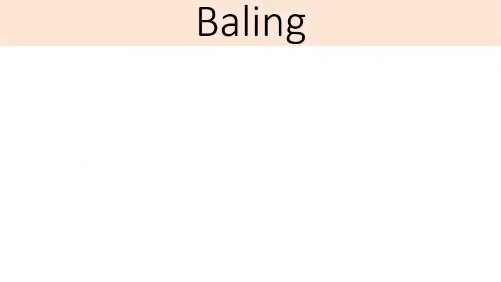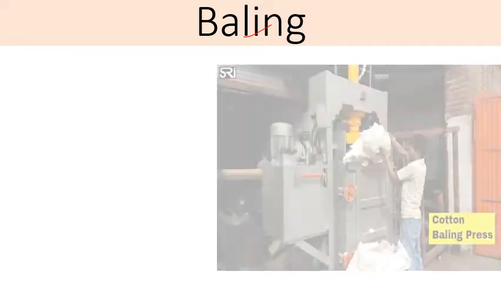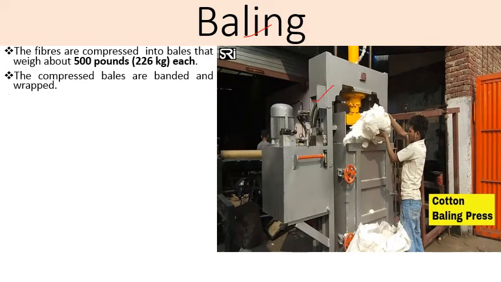The next step in cotton processing is baling. Here the ginned cotton is compressed into bales for easy storage and transportation. This machine is known as a baling press. It is used to compress the cotton into rectangular bales, and these fibers are compressed into bales that weigh about 500 pounds.